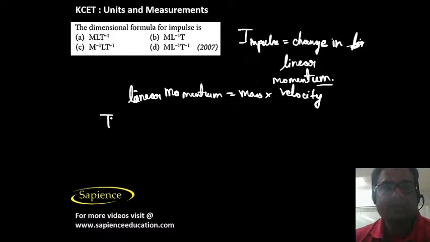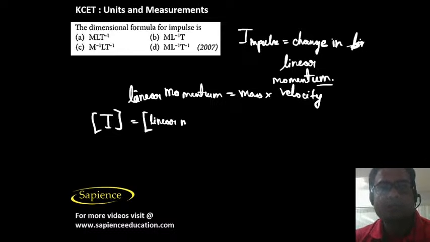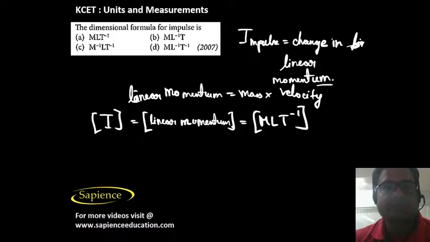Therefore the dimensional formula for impulse will be the same as the dimensional formula for linear momentum, which is mass times velocity, which is MLT power minus 1. So option A is the correct answer.